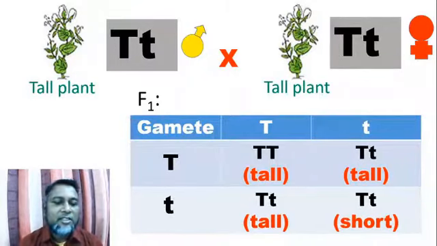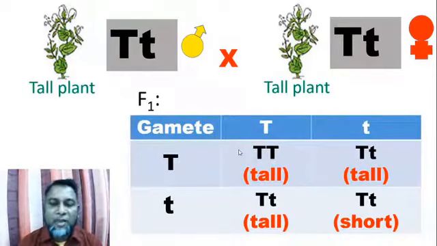As a result, during gamete formation they segregate or separate from each other. So two types of gametes are formed, one with capital T and the other with small t.